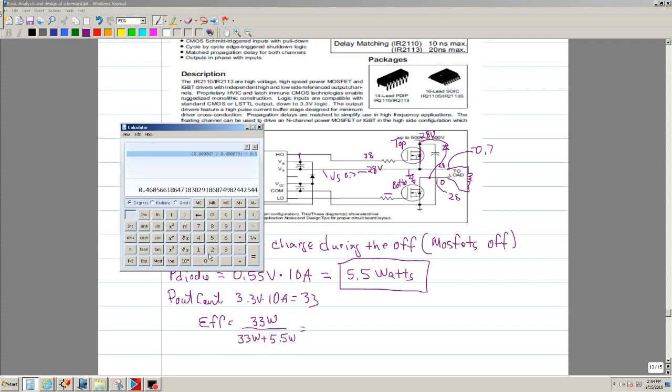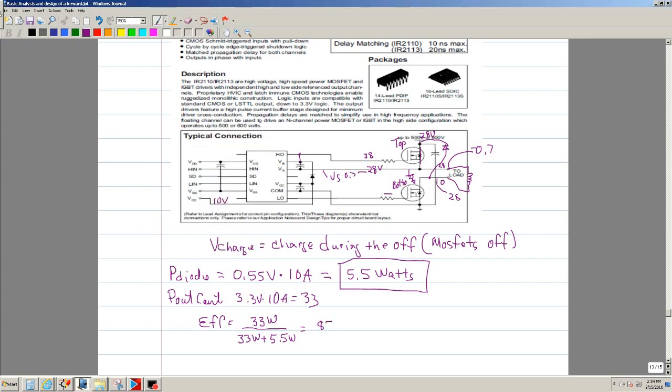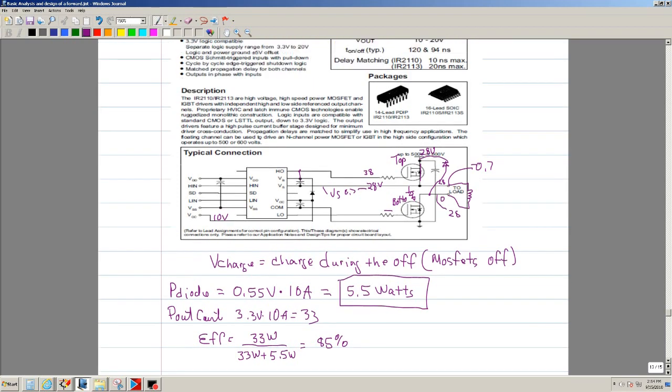So it's 33 divided by 33 plus 5.5, close parenthesis, times 100, which is about 85 percent. So that's the efficiency. We're wasting quite a bit of power.